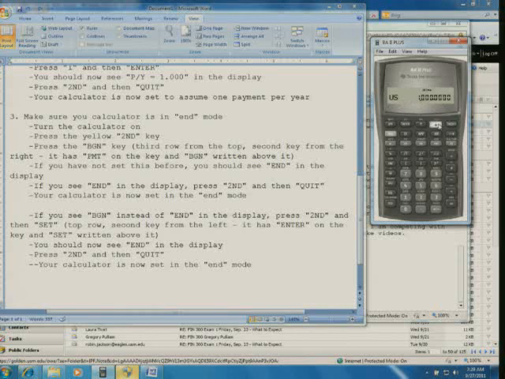Hit the down arrow key a third time. We'll see US equals 1,000. We're not going to mess with that. Hit the down arrow key a fourth time. Okay? And what you'll see here, if you've never used your calculator before, it's going to display CHN. Okay? And that's not set to follow algebraic rules of operation. I've already set this one so it says AOS, which is the algebraic order of operations, which is where you want it.